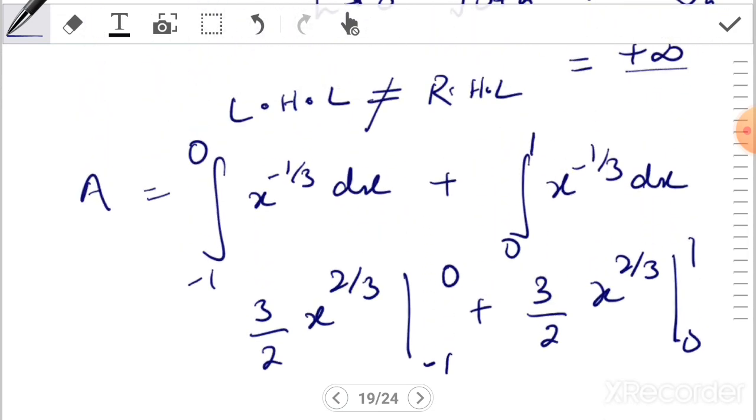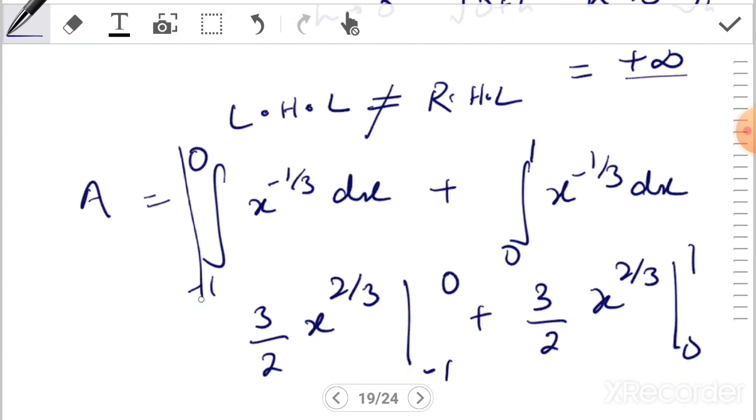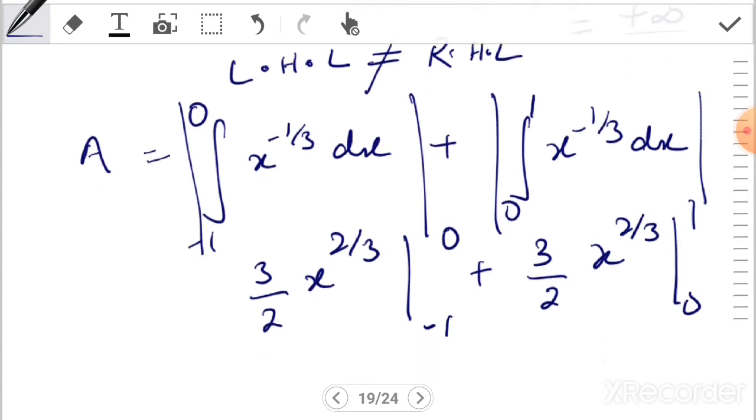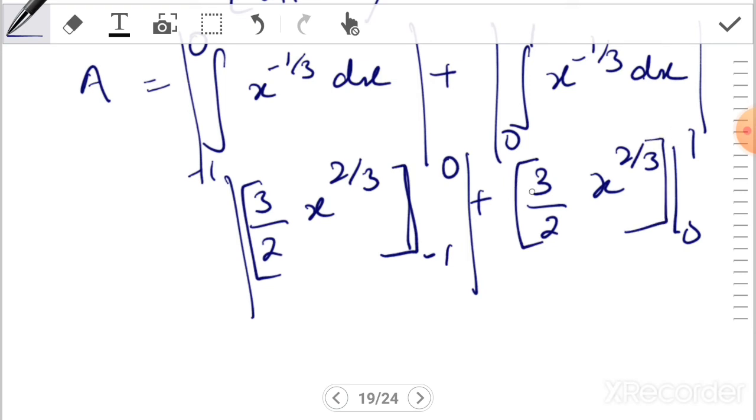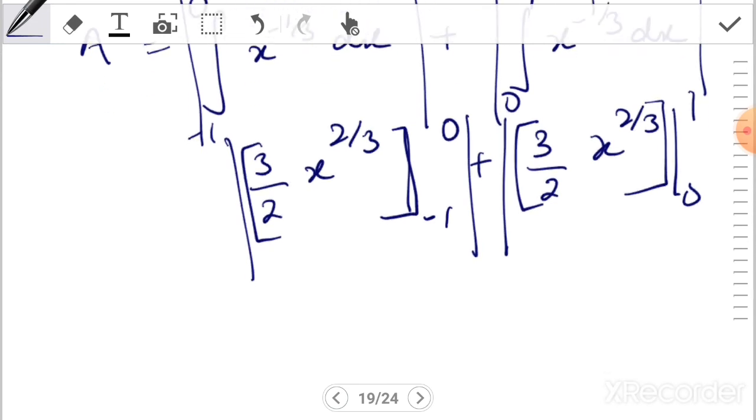You have to take the modulus because we are finding area, because area cannot be negative. That is why I have taken the modulus, meaning I want the positive value.